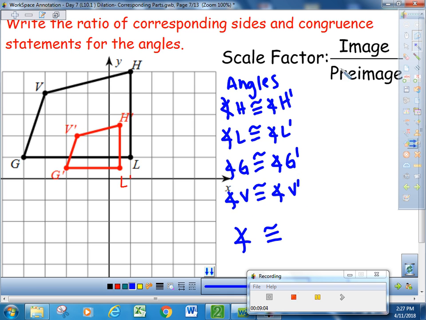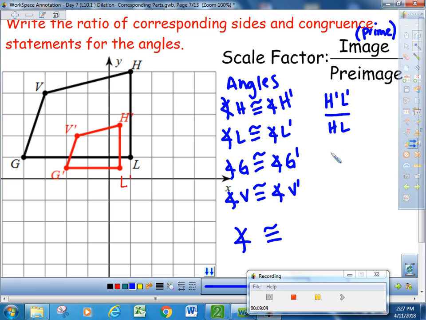And now we're going to do our fractions, our ratios. And it's the image over the pre-image. So these are prime letters, and you're doing the side lengths, HL and H prime L prime. Take the prime first. H prime L prime over HL.